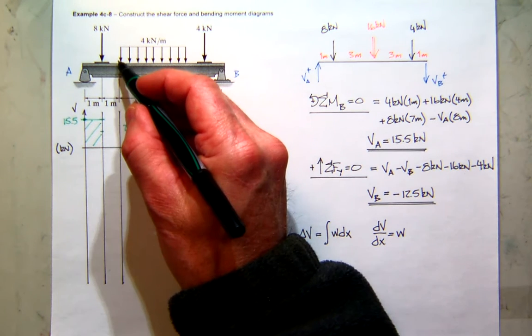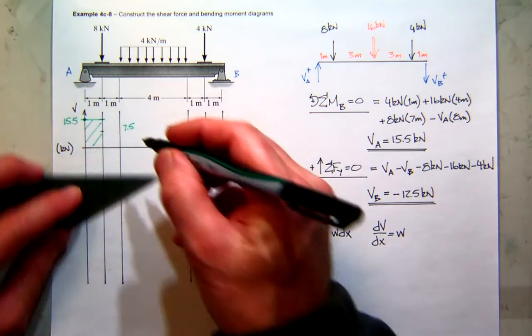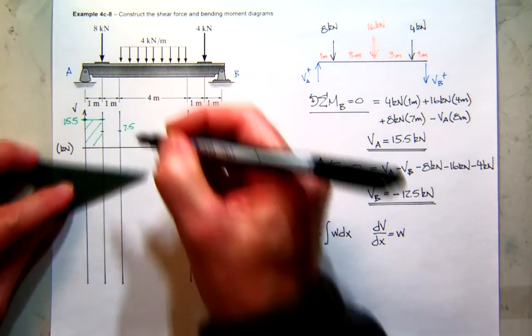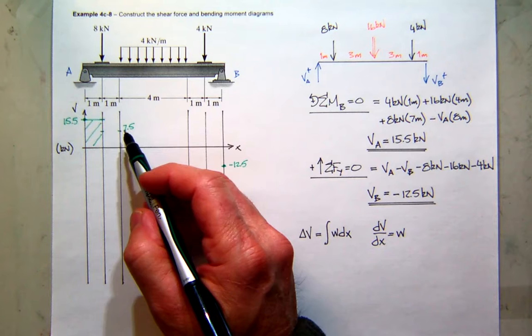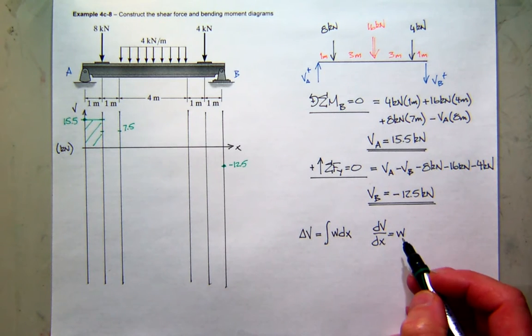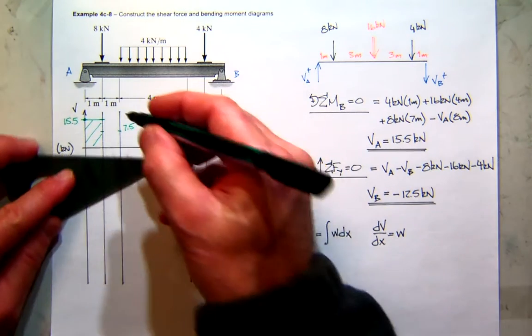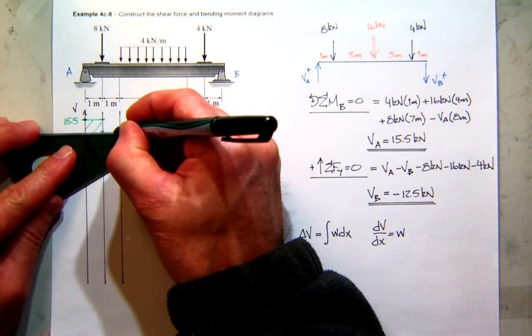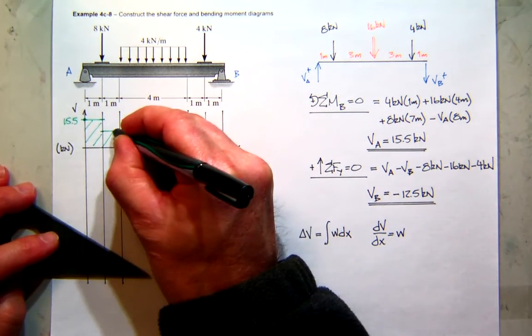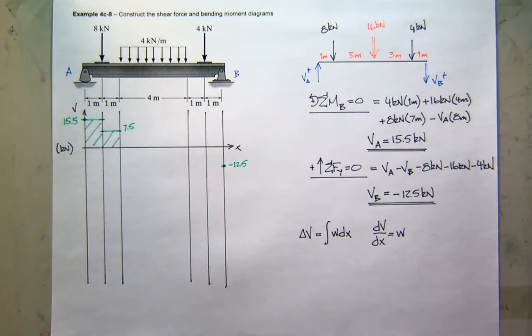You go up and look at the area, and what's the area of the load curve? 0. So no change. It stays 7.5. And what's the slope of this curve? Well, according to this, the slope of the curve is given by the load. And what's the value of the load there? 0. 0 slope, horizontal line. So my shear diagram just kind of steps down a little bit.